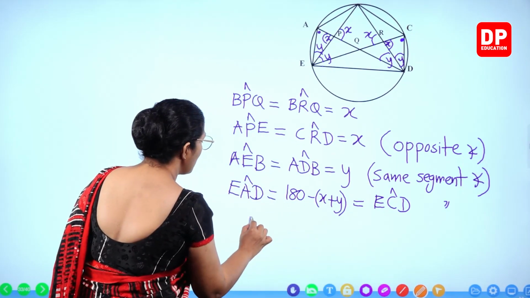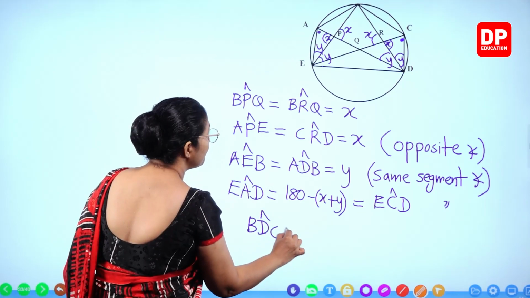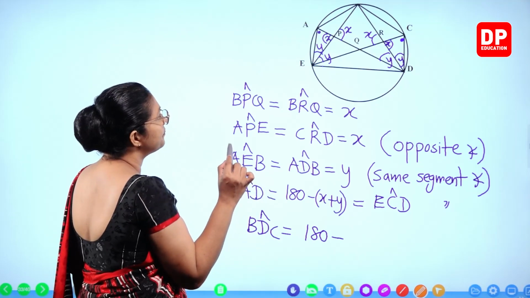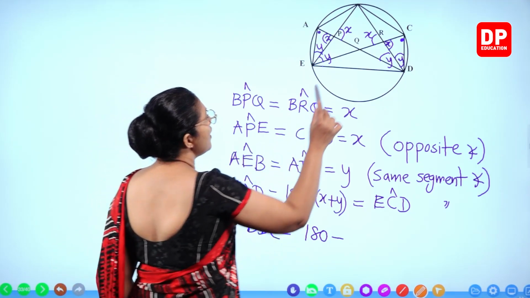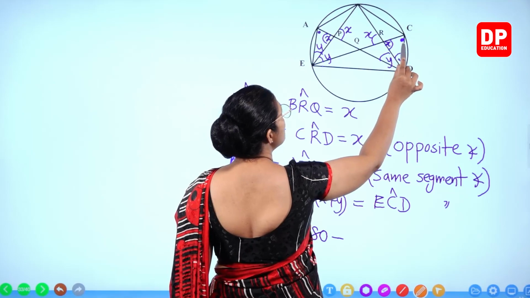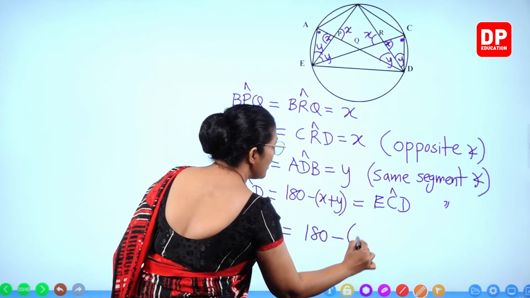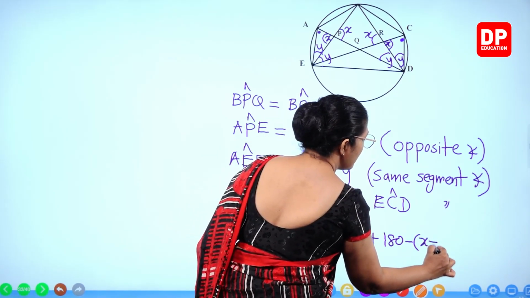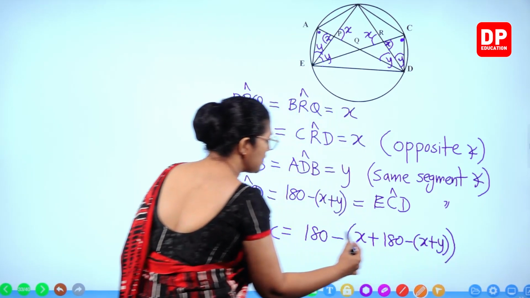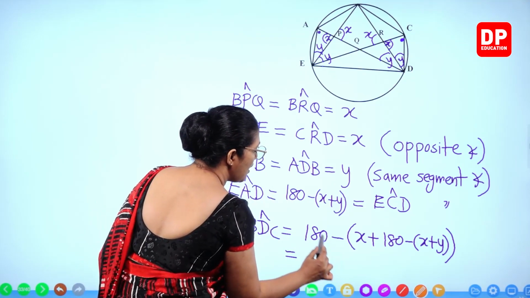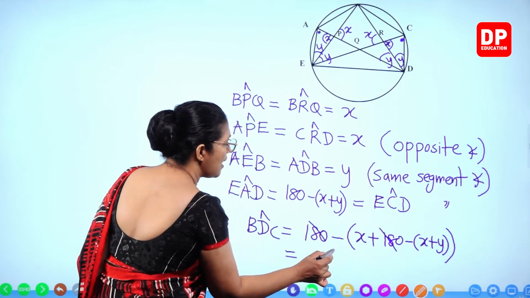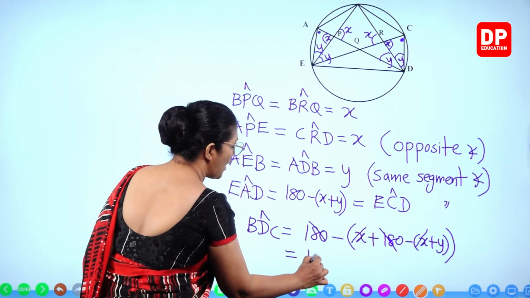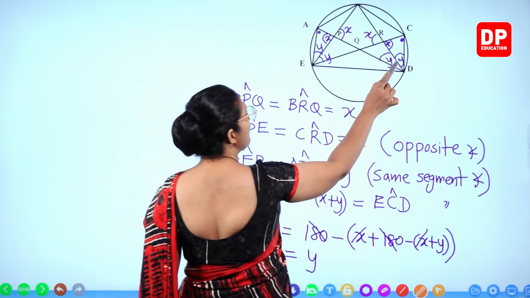BDC angle is equal to 180 minus these two. So X and 180 minus X plus Y. When you subtract these two, you will see 180 and 180 get cancelled out. X and X get cancelled out. Minus into minus Y, that's Y. So this angle is Y.